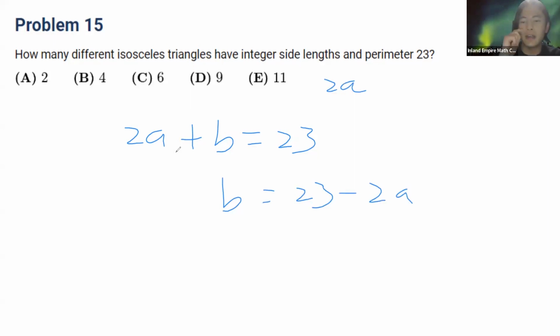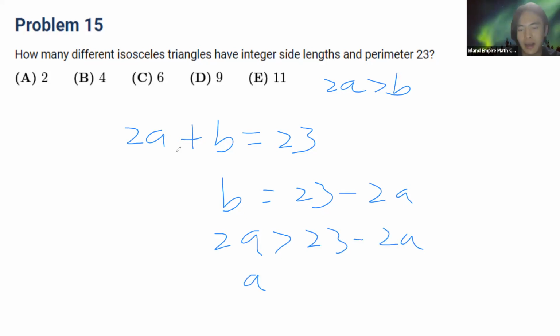And then since 2a is greater than b, you have 2a is greater than 23 minus 2a. You can then solve for a to get a is greater than 23 over 4. And that's roughly, I think, 5.75, if I'm not wrong.